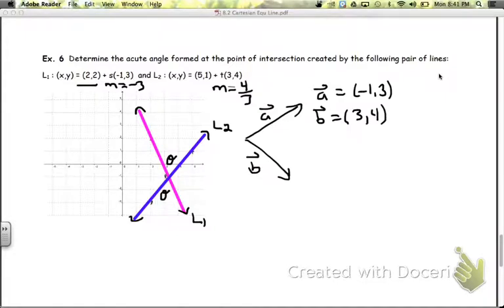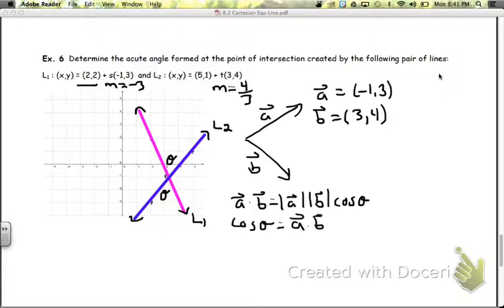We know the dot product between the two is equal to the magnitude of the two multiplied times cos theta. We want to find theta, so we can rearrange so that cos theta is the dot product between the two vectors over the magnitudes of the two vectors.